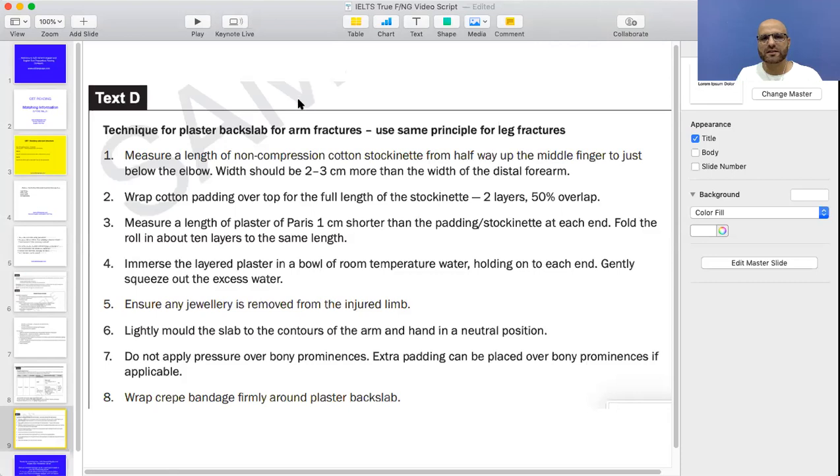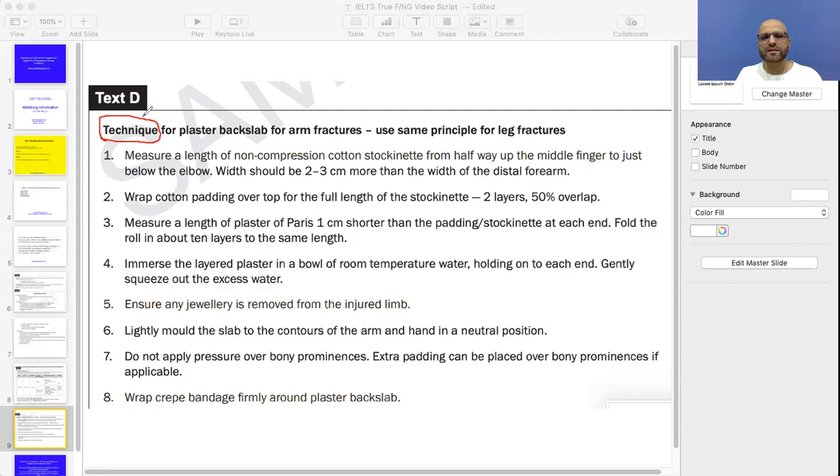Techniques, yes, that's where we can use the skill of paraphrasing, which means the word techniques paraphrases the word process. Plaster backslab of an arm fracture. So that's splinting, right? Use the same principles for leg fractures, okay? Measure the length of non-compression cotton stockinette from halfway up the middle finger to just below the elbow.